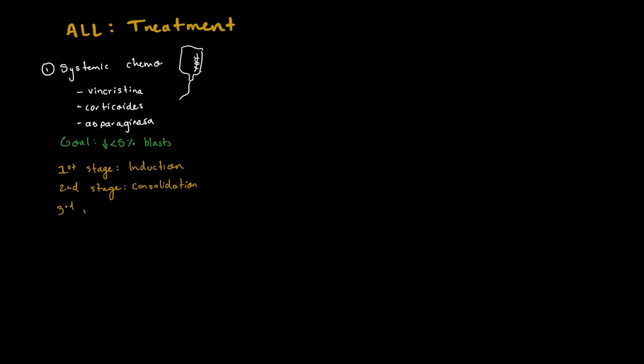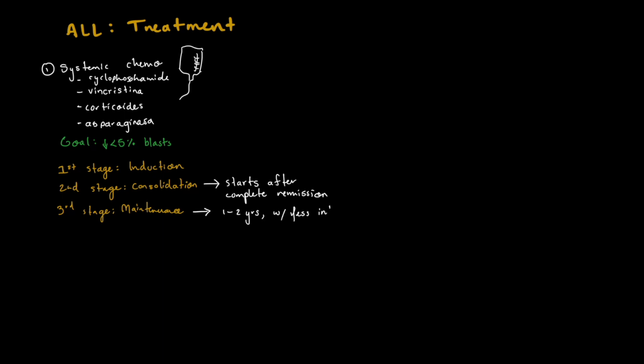The first stage is called the induction stage, and the goal is to end up with a normal hematopoiesis. The second stage is consolidation, and it starts after complete remission. And the third stage is maintenance, which is 1 to 2 years after remission, and it's with less intensity.